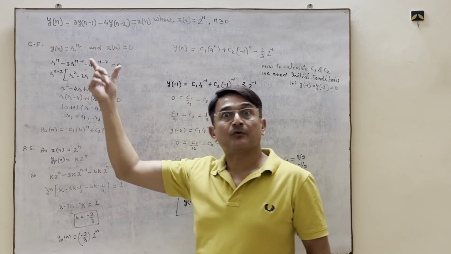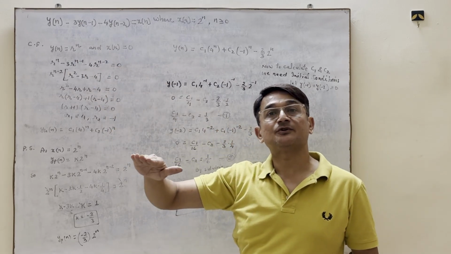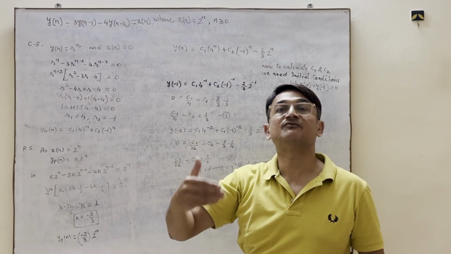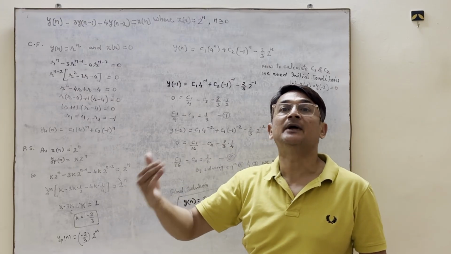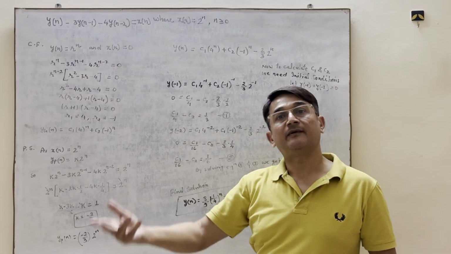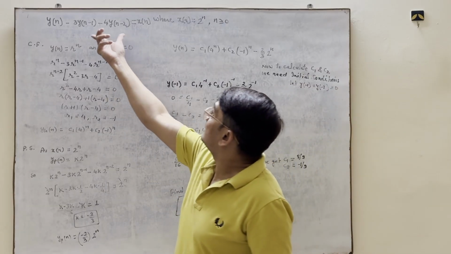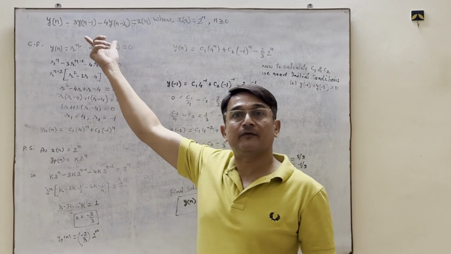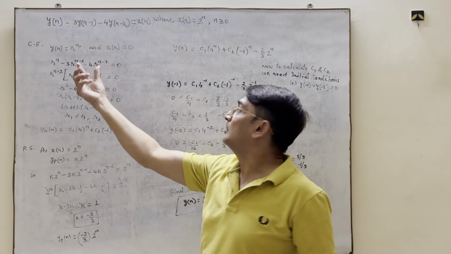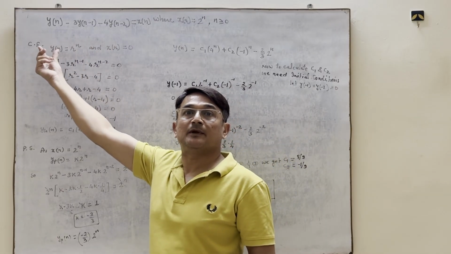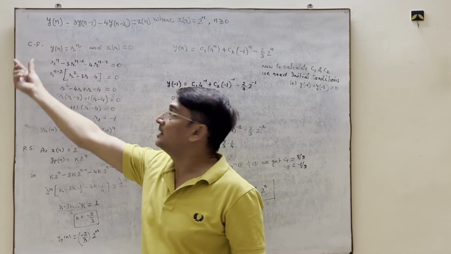In some questions, the initial conditions like y(minus 1) and y(minus 2) will also be given in the exam. If they are not given, then we consider these initial conditions as 0. In this question they are not given, so we will consider the initial conditions as 0. First, in this question we will find the complementary function CF.